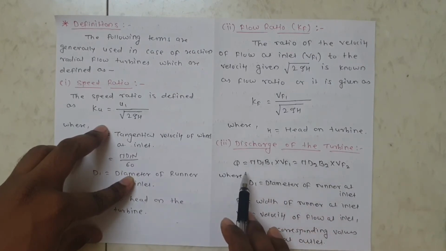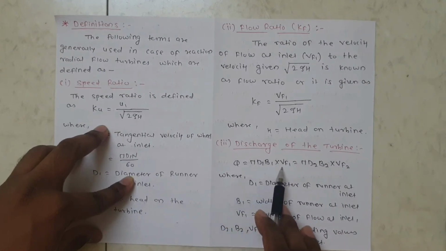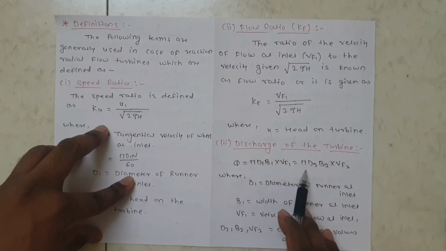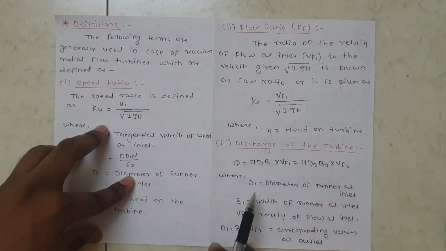So discharge is equal to pi D1 B1 Vf1 at inlet, and pi D2 B2 Vf2 at outlet. D1 is the diameter of the runner at inlet, B1 is the width of the runner at inlet, Vf1 is the velocity of flow at inlet, and D2, B2, Vf2 are the corresponding values at outlet.